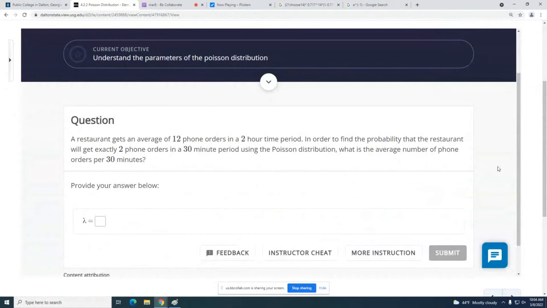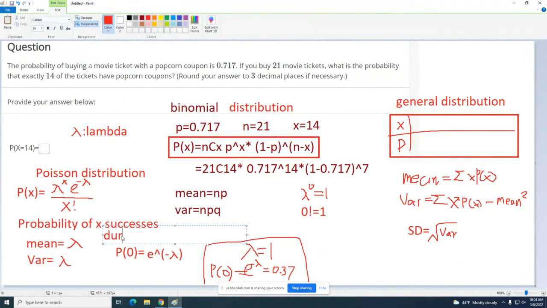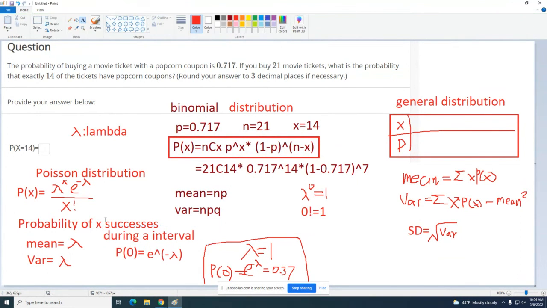Similar to the binomial scenario, one of the things we want to be able to identify is the key component of the formula, that is lambda. One of the things in Poisson distribution is the probability of success during an interval. What do I mean? Suppose the average number of students for me is one student per day.